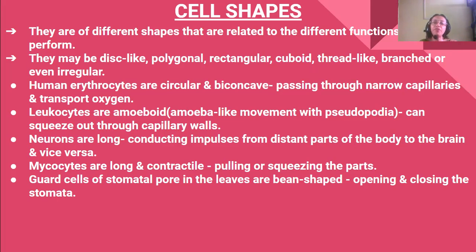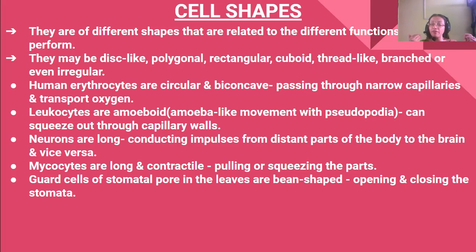Then neurons. Neurons are long, conducting impulses from distant parts of the body to the brain and vice versa. I told you nerve cells, the neurons, are the longest cells. Why?